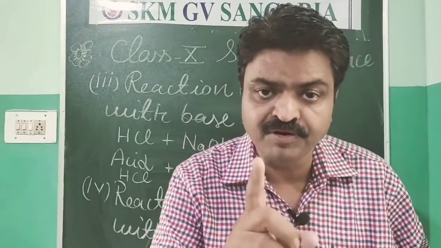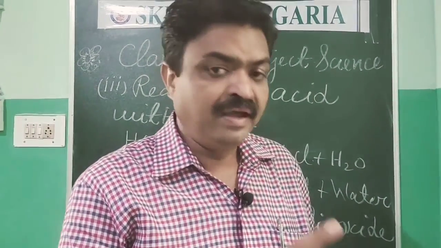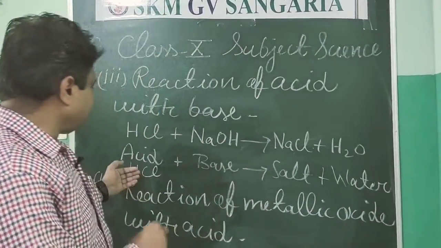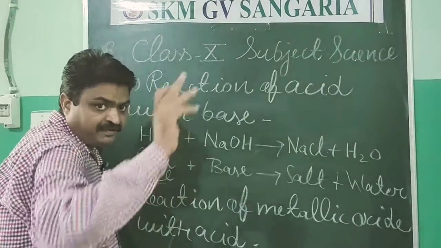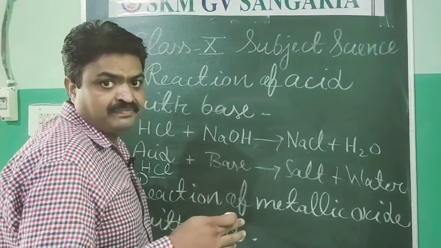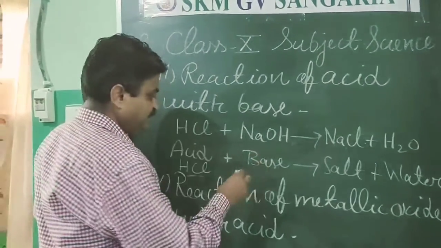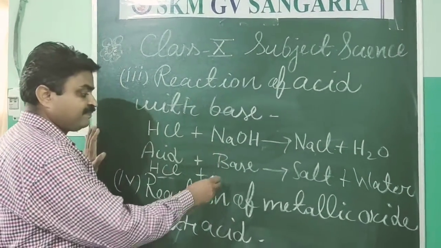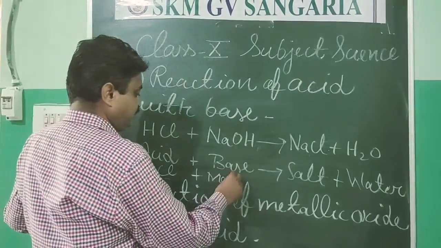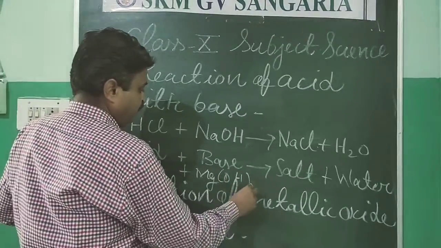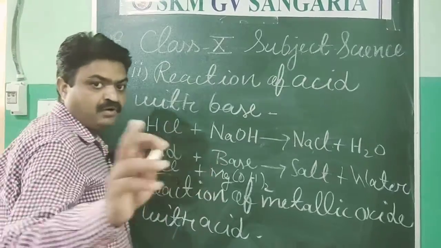It is released from the gastric gland of the stomach. When the concentration of that acid is increased in our stomach, then we have acidity. And that acidity can be neutralized by taking one particular medicine, Mg(OH)2, meaning magnesium hydroxide, that is known as milk of magnesia.